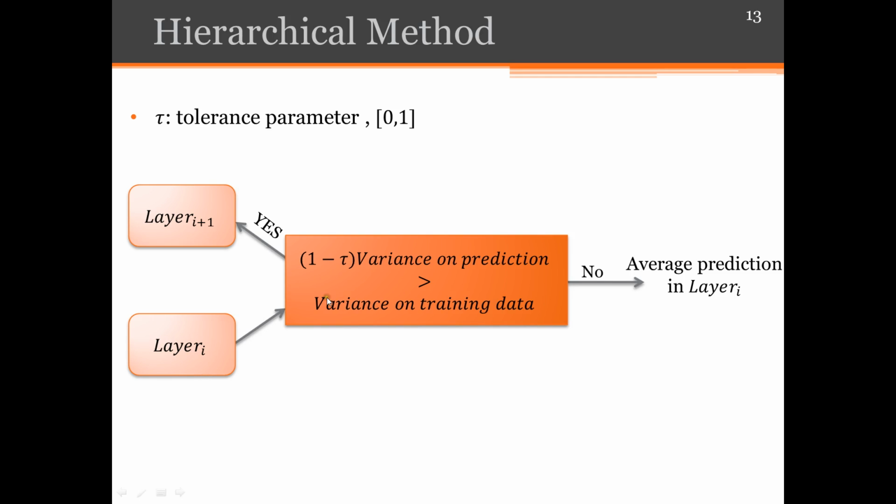So with this condition, it has higher probability to go and use a more expensive, more accurate sensor. But if you are lower on budget, then you need to decide on a higher tolerance parameter. So the probability of going to a higher layer is going to decrease.